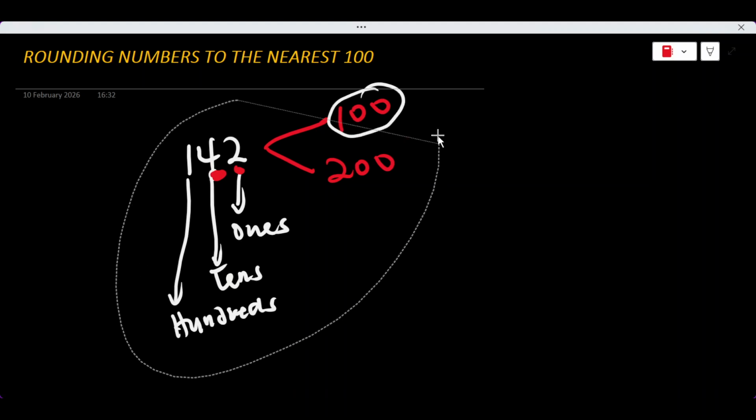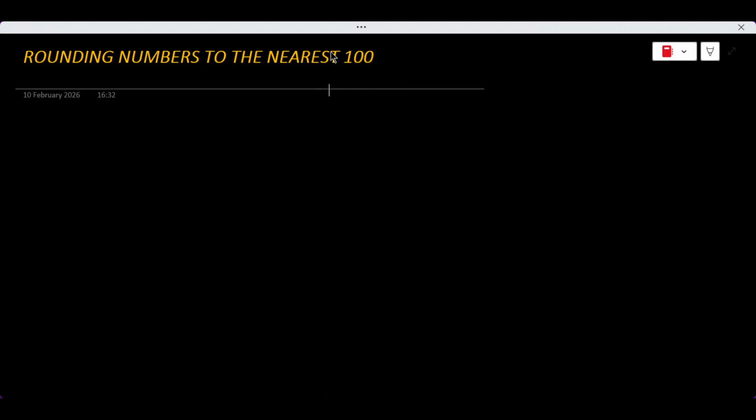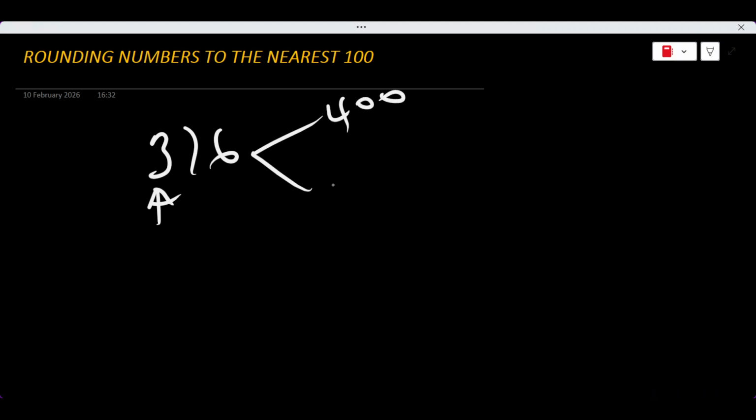All right, let's look at another example. We are to round 376 to the nearest hundred. So we first of all have to identify the hundredth digit. In this case, it is 3. Now, this could probably give us a round up number as 400 or a round down number as what? 300.